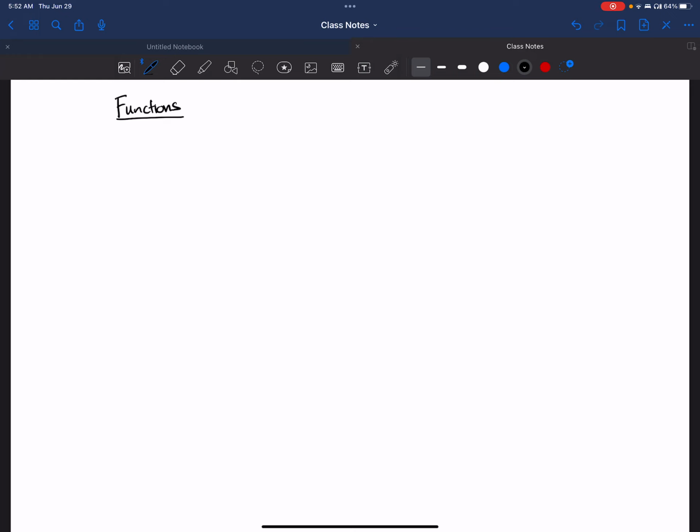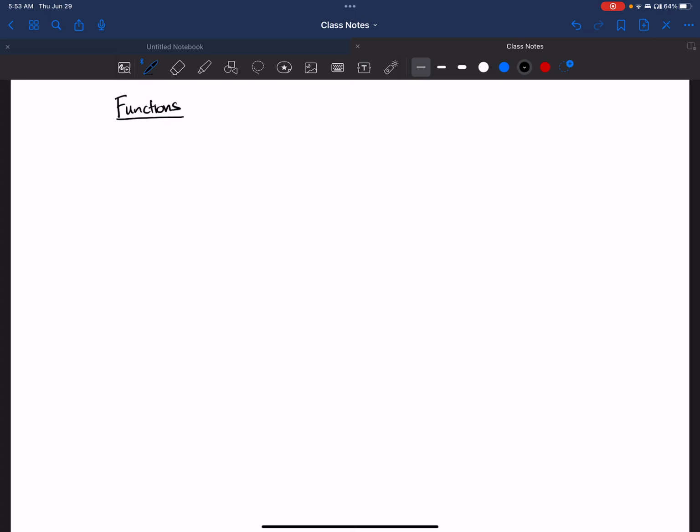But since functions are highly important in this course, and we're going to be using this word over and over again, I thought it is good to recall what a function is.